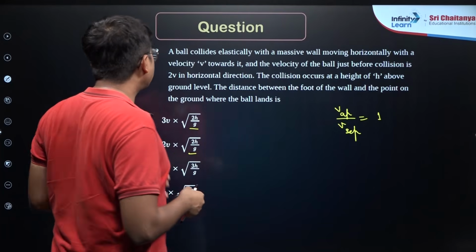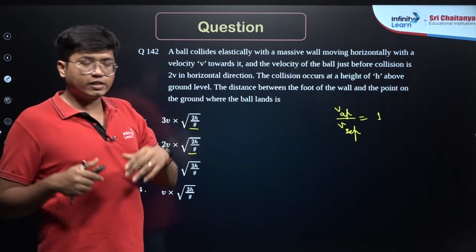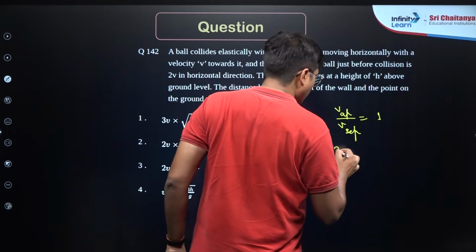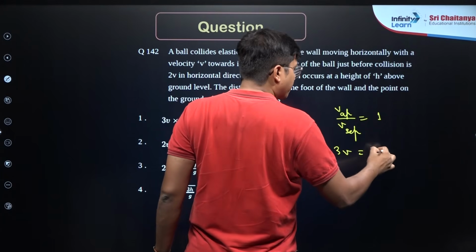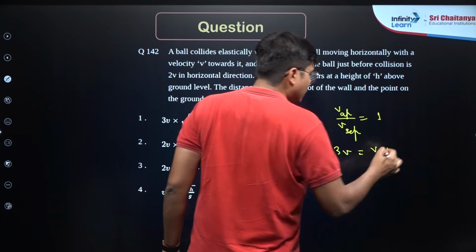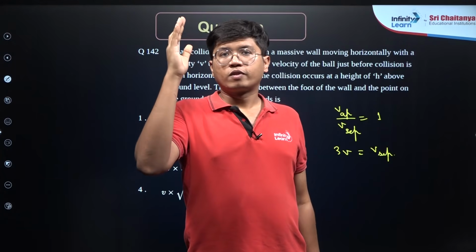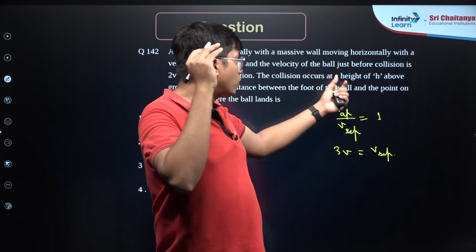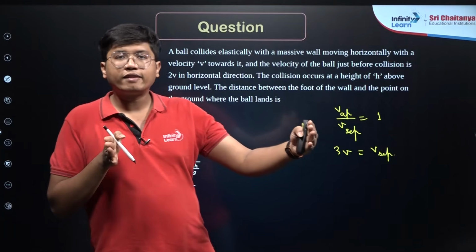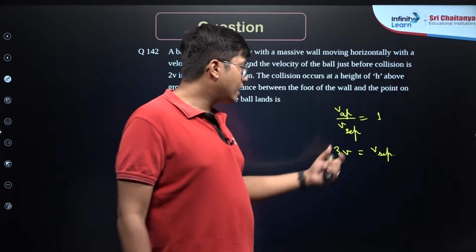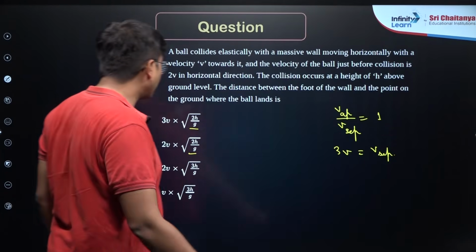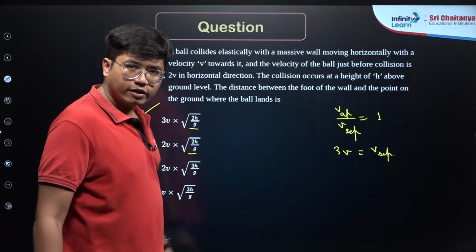Relative velocity is 3v, because 2v and v are coming towards each other, that is 3v, which means if I cross multiply, that also is the velocity of separation. Now this is the relative velocity of the ball with regards to the wall. At the end, since the wall is moving, I just want the relative distance between them. So it's just the relative velocity after collision multiplied by the time taken to fall. It is option 1.